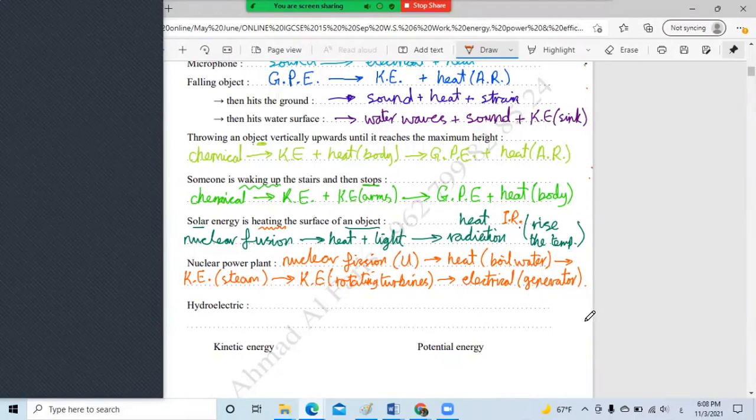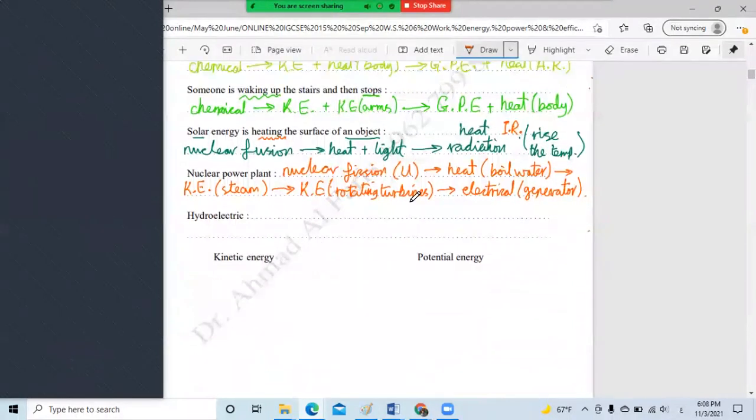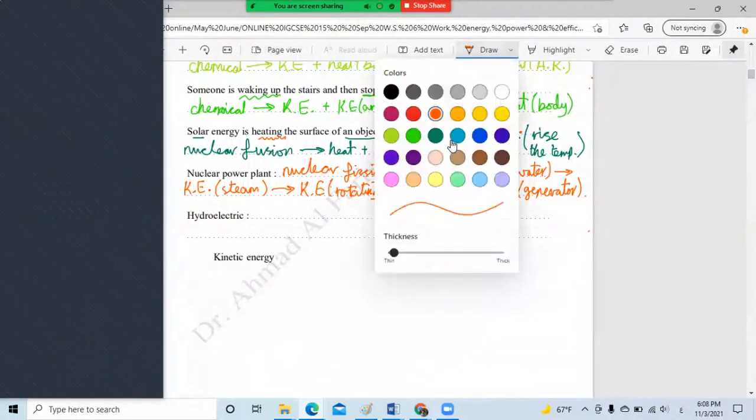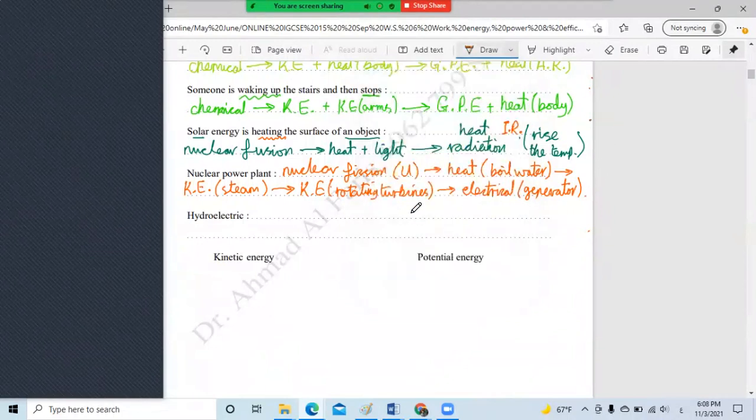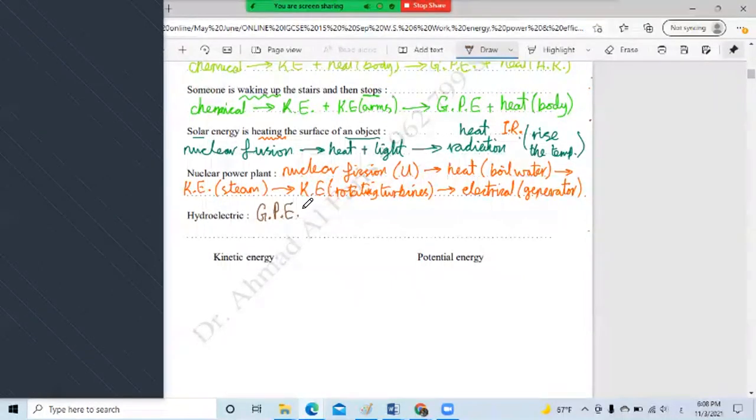Okay. Hydroelectric power station is one of the most important and easy ways to generate electricity, like the High Dam in Egypt, on the Nile River. Hydroelectric, what do they do? There is gravitational potential energy stored where? In the water behind dams. And whenever we have more water, with higher water, we have more gravitational potential energy. So whenever the dam is higher, this gravitational potential energy inside the water becomes what?